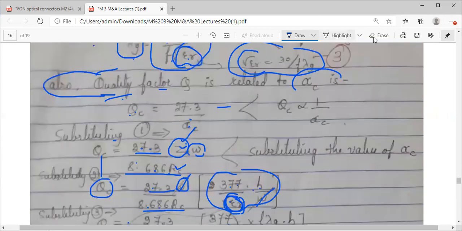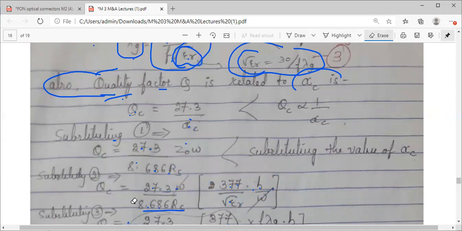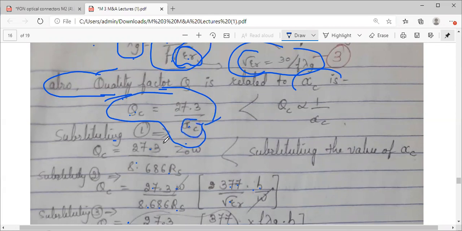What I did initially, let me just recall what all I did. I'm not going to give you all the repeated details. Just started with the quality factor and alpha C equation relationship. They are inversely related. Alpha C, we know the equation. We have substituted for alpha C. In alpha C, you have Z naught equation, so Z naught term. So I'll substitute for Z naught.